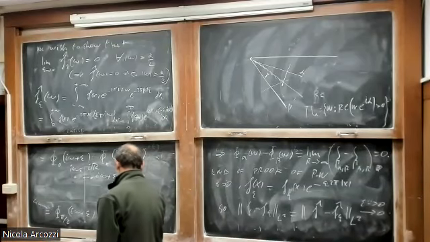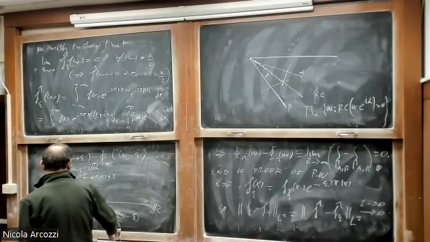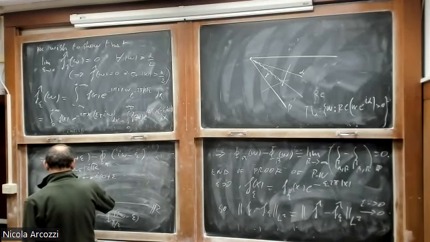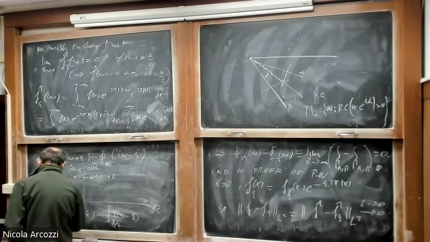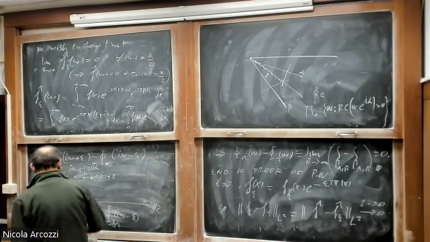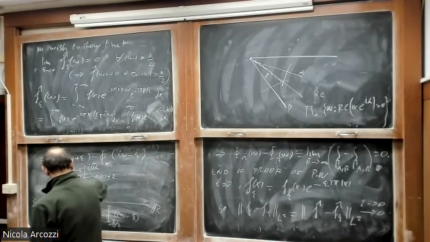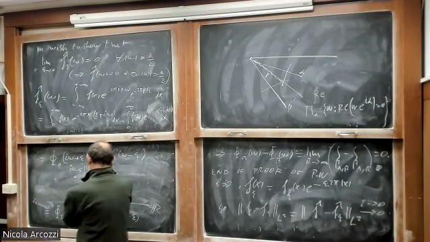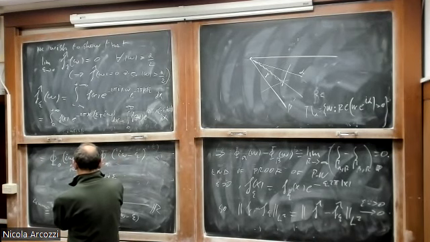It's better if it's minus π over 2, because I am integrating over this line.